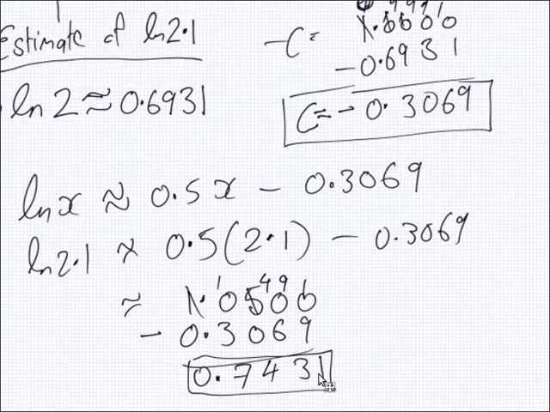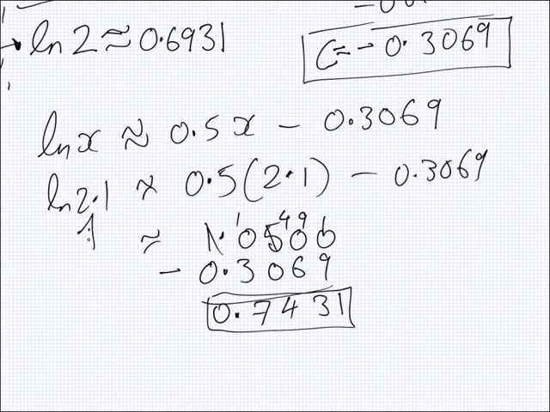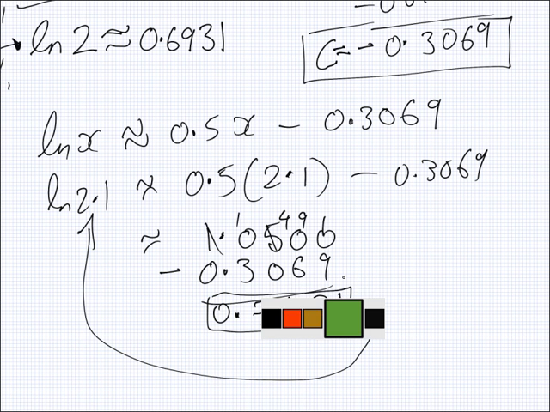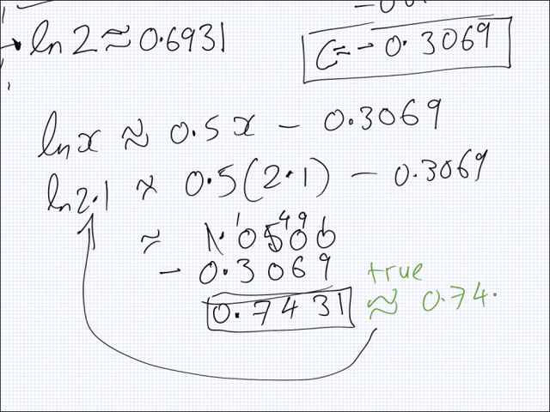Now, what is the actual log of 2.1? How close are we to the true answer? 0.7419. Okay, so we are correct to the first two decimal places for sure, and the further decimal places aren't too far away.